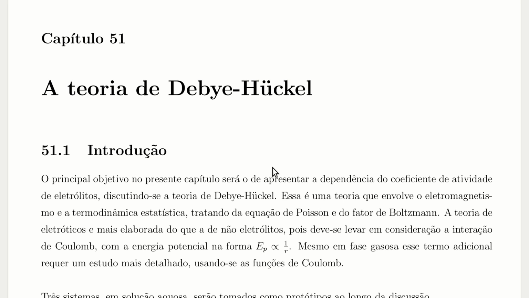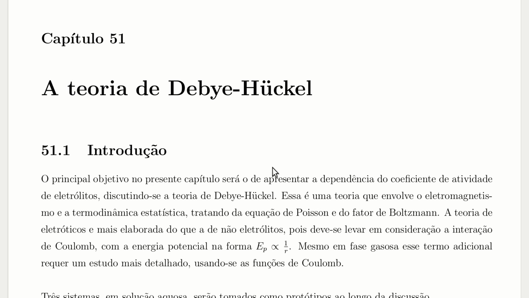From electromagnetism, we are going basically to use the Poisson equation for spherical symmetry, and from statistical mechanics, only the Boltzmann factor. You may realize that the theory for electrolytes is more complicated than for non-electrolyte systems, since ions in solution have this Coulomb interaction.